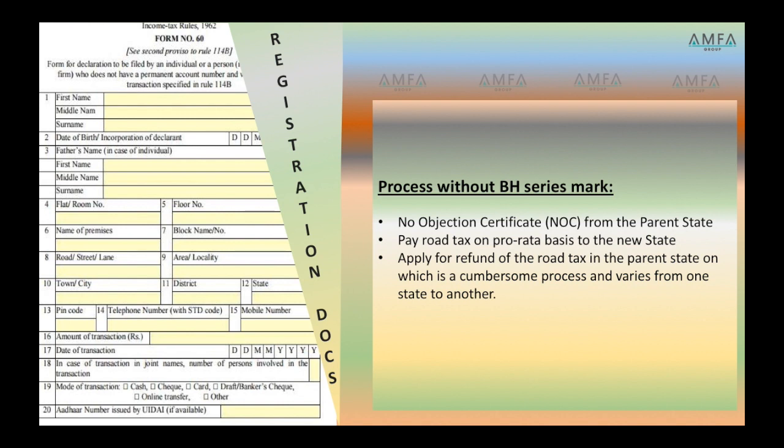Then they have to pay road tax on a pro rata basis to the new state for getting the registration there. Then they have to apply for a refund of the road tax in the parent state, which is very cumbersome, and the difficulties vary from one state to the other.